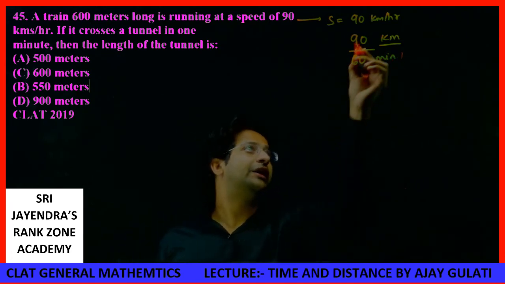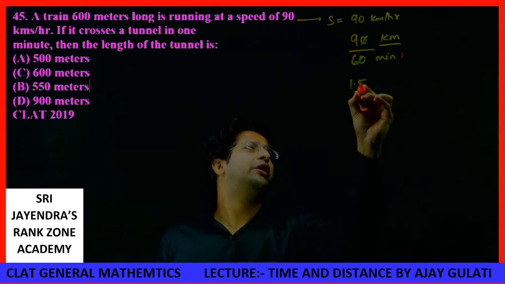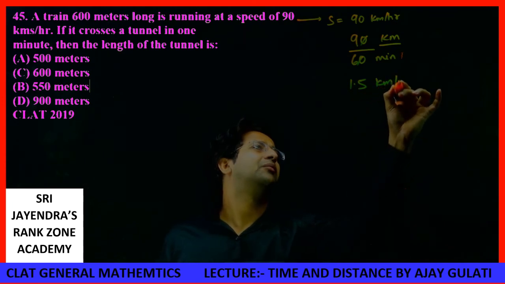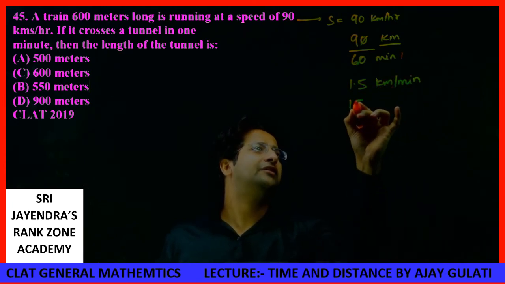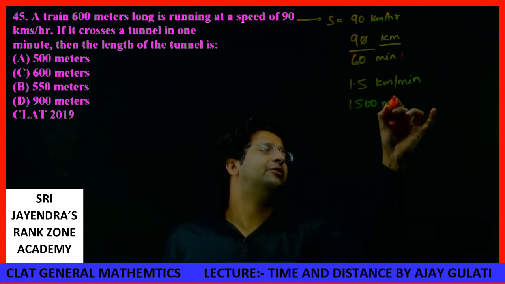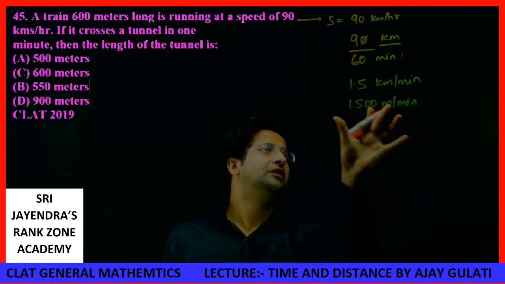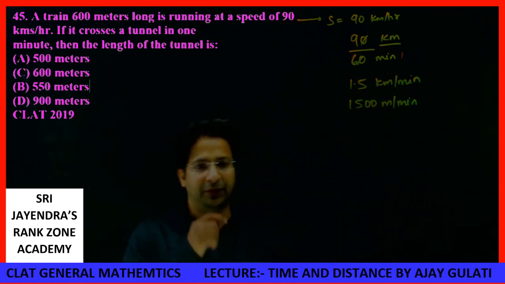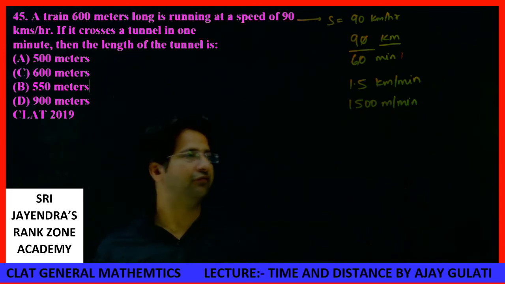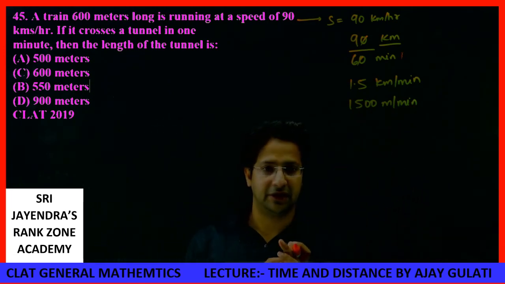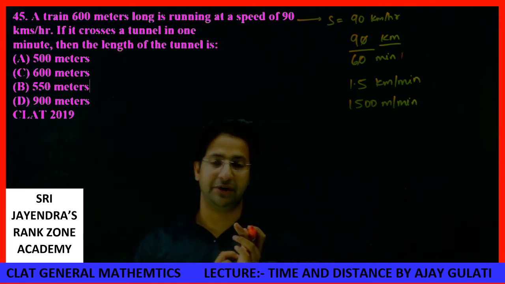So I can say 1.5 kilometer per minute, or I can say 1500 meter per minute. This is the speed of the train, 1500 meter per minute. The train can cross 1500 meter per minute.